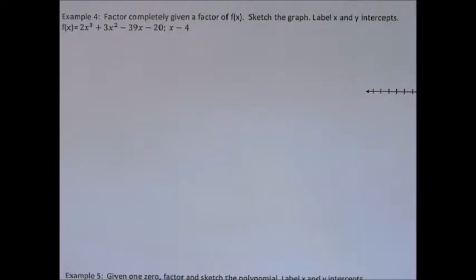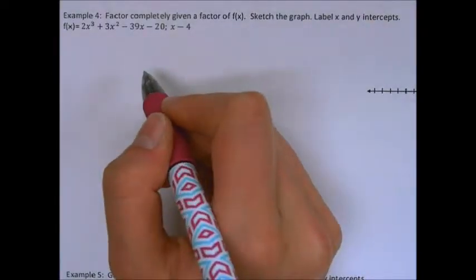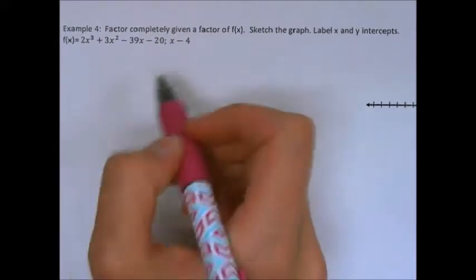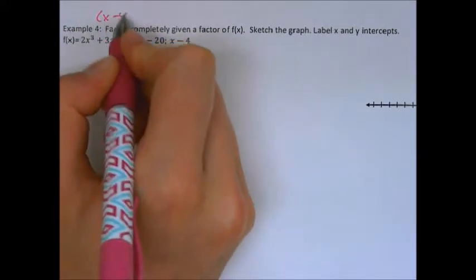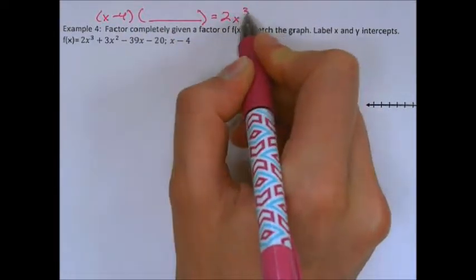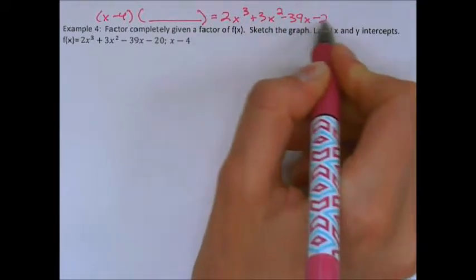For example 4, we're going to use our synthetic division to factor and then sketch the graph. So for this, we know that we need to set our denominator equal to 0. Well, what's our denominator? When I'm factoring, I'm trying to see x minus 4 times something equals 2x to the 3rd plus 3x squared minus 39x minus 20.